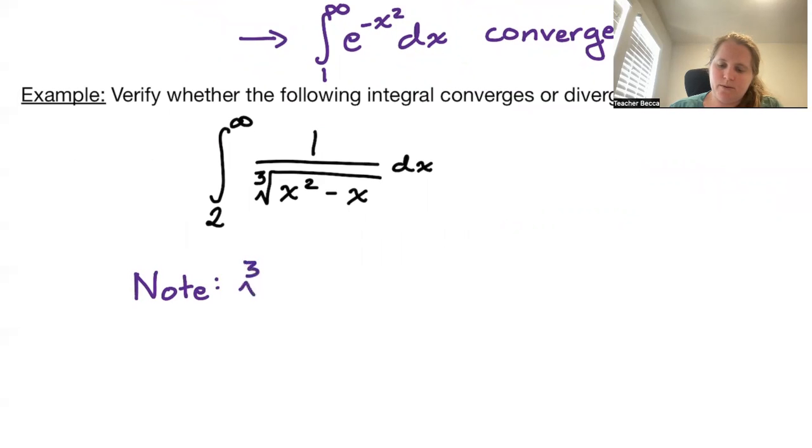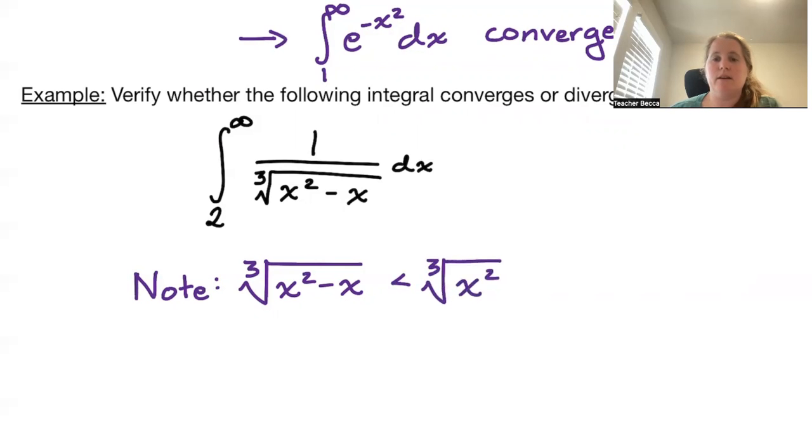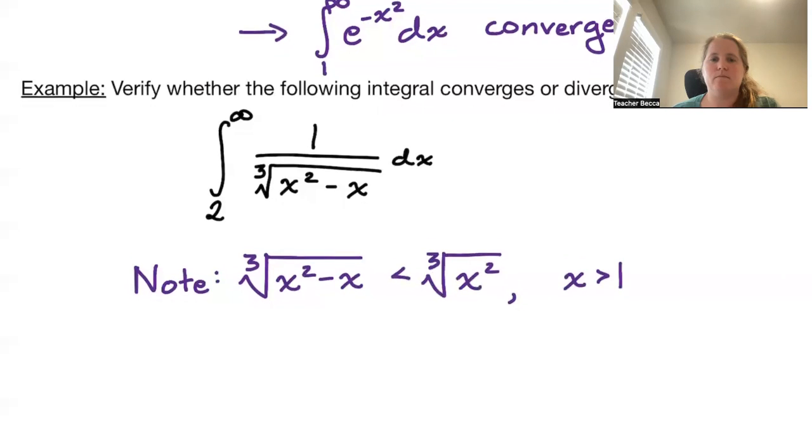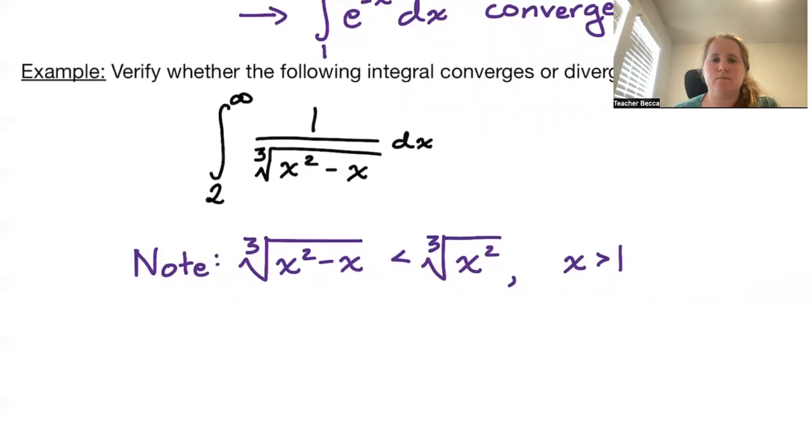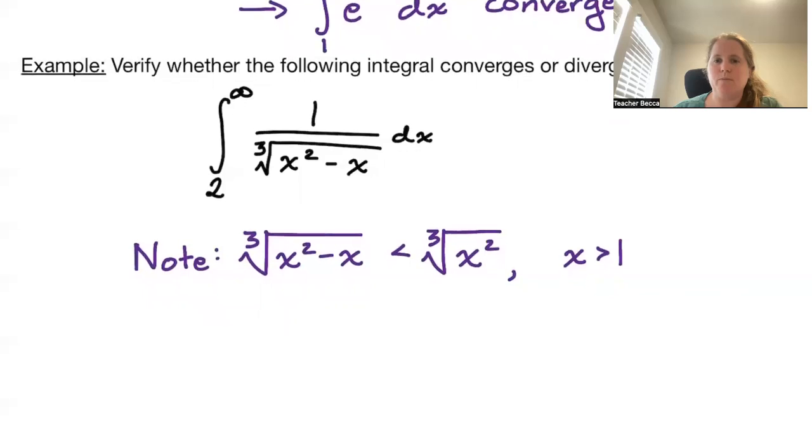The cubed root of x squared minus x is going to be less than the cubed root of x squared as long as x is greater than 1. Actually, it's just as long as x is greater than 0, we have this, but we'll go with x greater than 1.